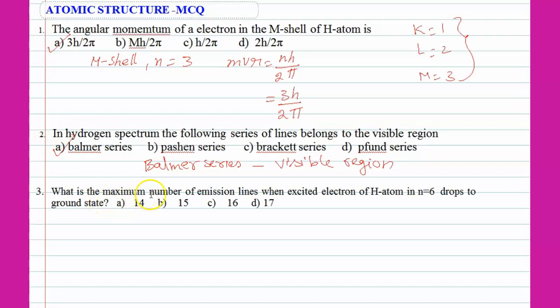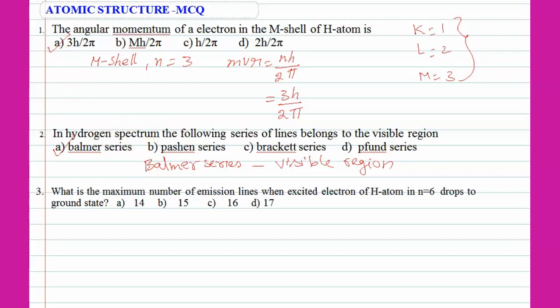So the third question is, what is the maximum number of emission lines when an excited electron of a hydrogen atom in n equal to 6 drops to the ground state? They gave options. When the excited electron comes from n equal to 6 to the ground state, how many emission lines are possible?